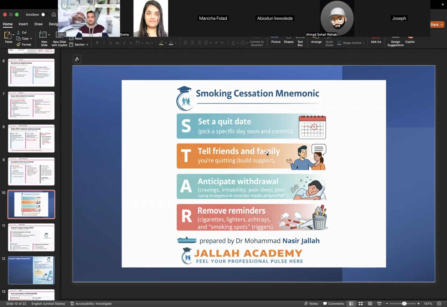And then T stands for tell friends and family. You have to let everybody know that you're deciding to quit smoking. Why? Because if you have a family member who also happens to be a smoker, he or she shouldn't be smoking in front of you. When somebody is smoking in front of you, it's very hard not to smoke because you're craving it, right?